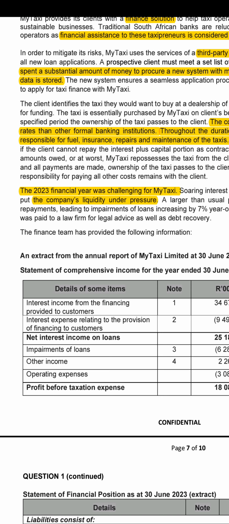Now, it's nice to read this, to say, okay, yay, the company's liquidity is under pressure. Now we know this. But what does this mean? What do we mean by liquidity in the first place? What is liquidity? Because what's the use of knowing that the company's liquidity is under pressure if you don't even know what is meant by the company's liquidity in the first place?